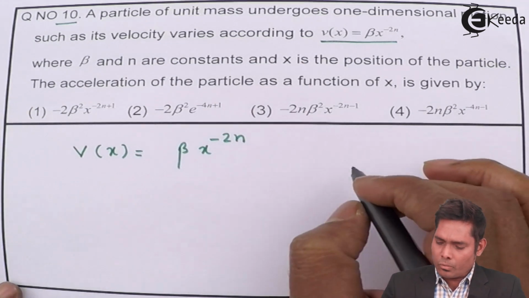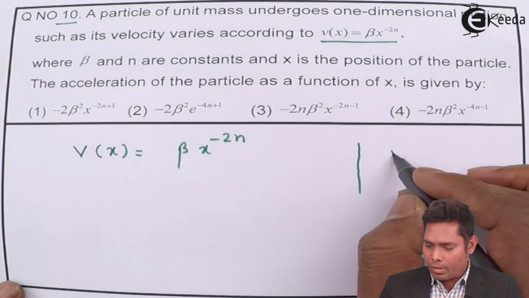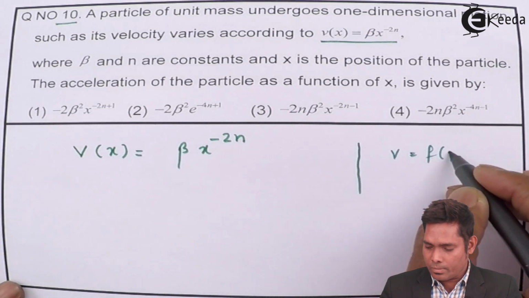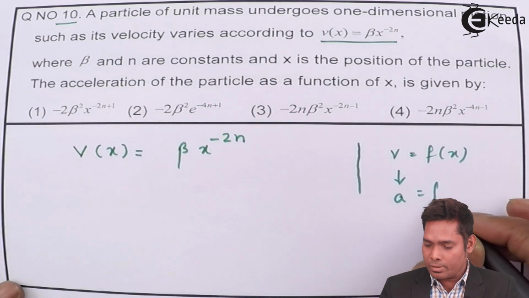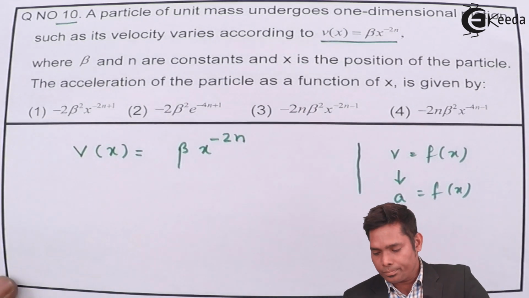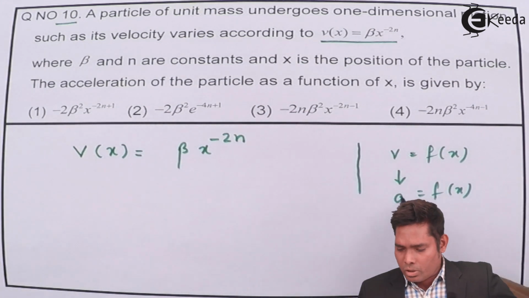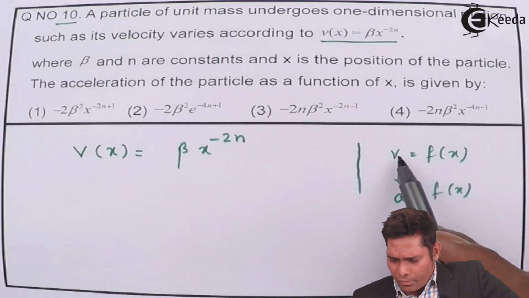First of all, we have to understand one thing. If we are given v as a function of x, and we are asked to find a as a function of x, then how will you do it?